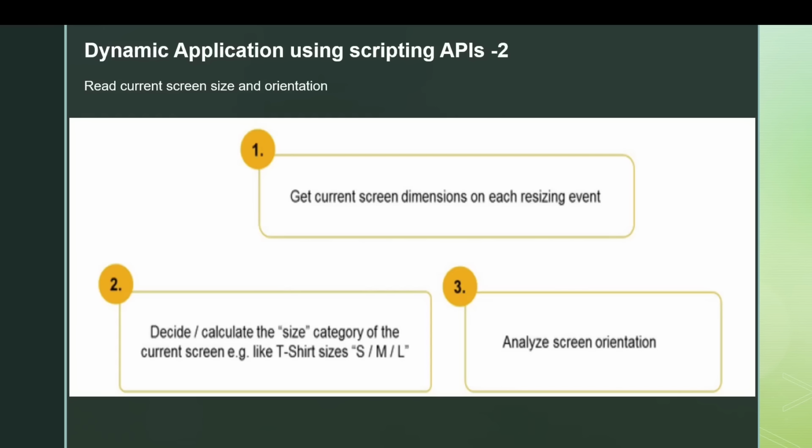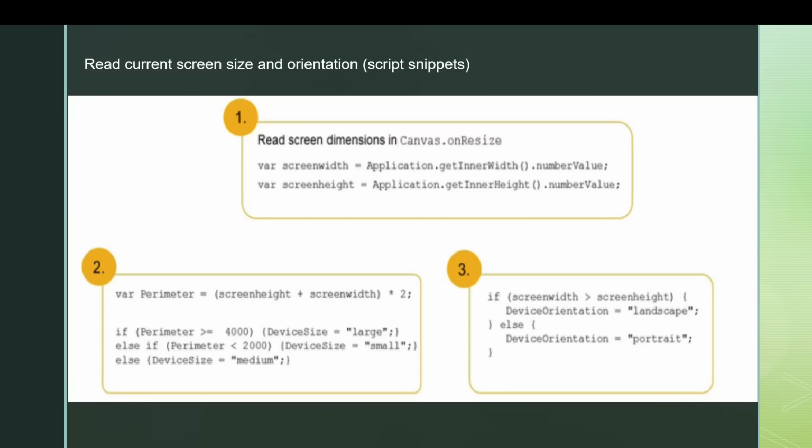For getting the current screen dimension on each resizing event, we will use application dot get inner width dot number value and application dot get inner height dot number value. We can find the screen width and the screen height.